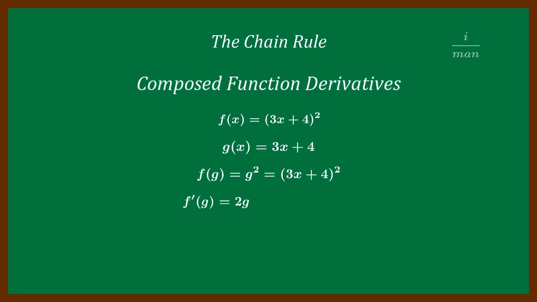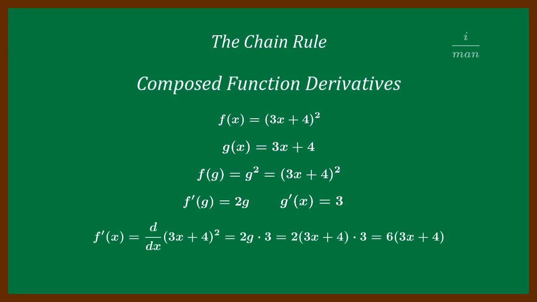Then we take the derivative of g with respect to x, which is 3. So using the chain rule, we multiply them together, and we get f prime of x is 2g times 3, or 6g, and g is 3x plus 4.